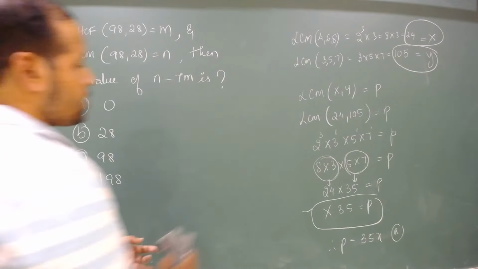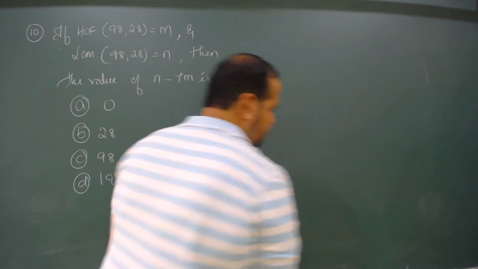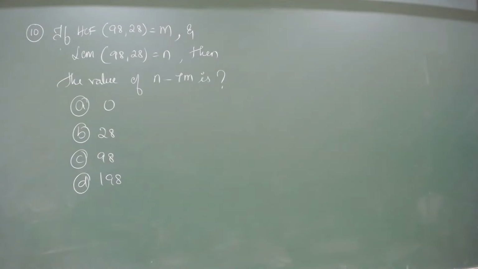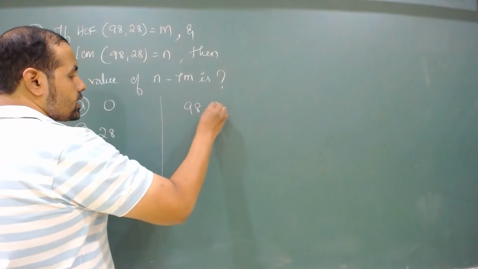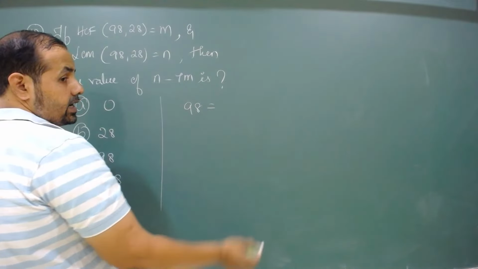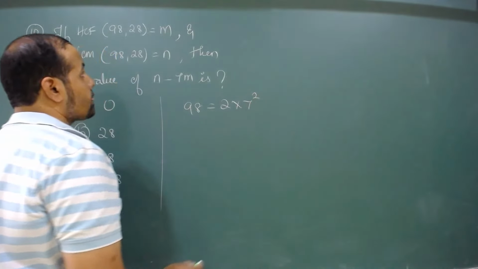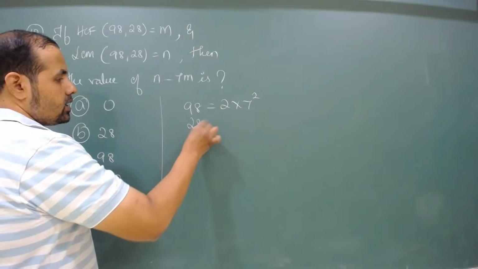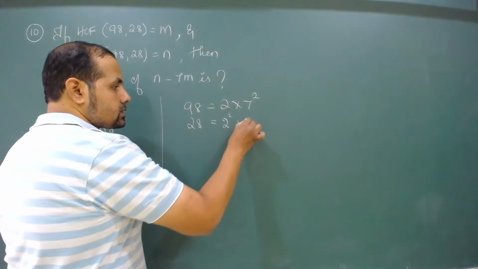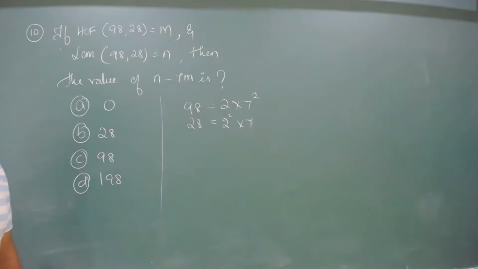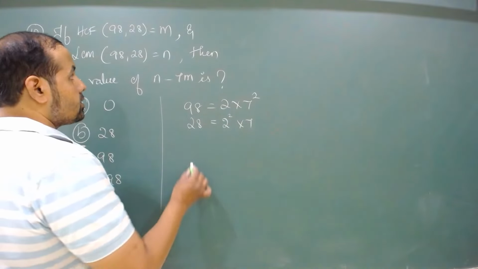HCF of 98 and 28. 98 is 49 2s, which is 2 into 7 square. 28 is 4 7s, and 4 can be written as 2 square, so 28 is 2 square into 7.